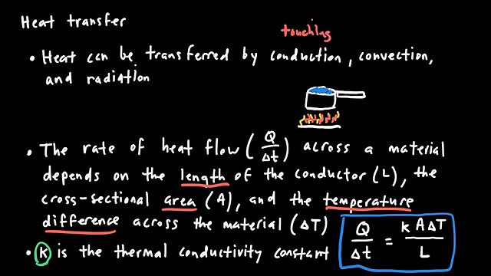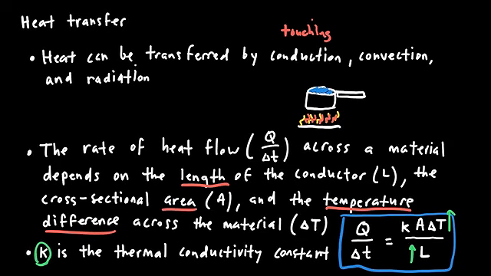And maybe you notice that as the length increases, the rate of heat flow would decrease. As the temperature difference increases, so if I have the left end and the right end of a piece of a material at vastly different temperatures, that actually contributes to a greater flow of heat.